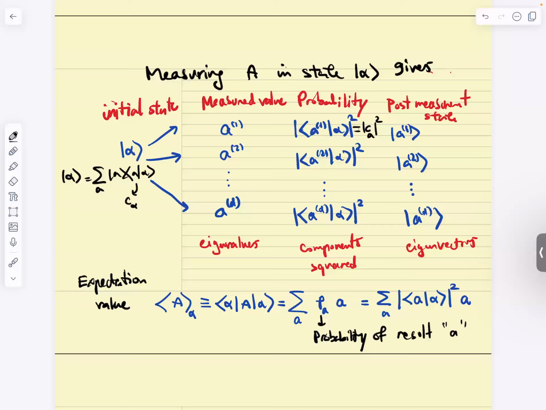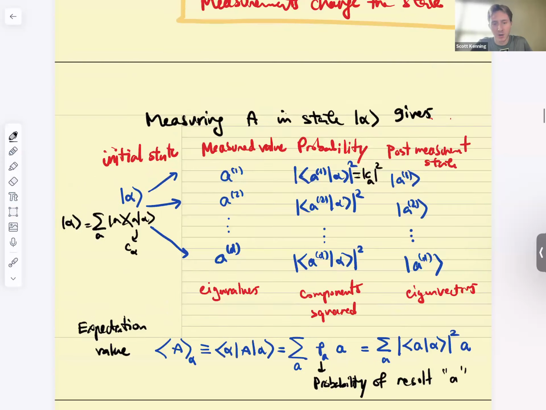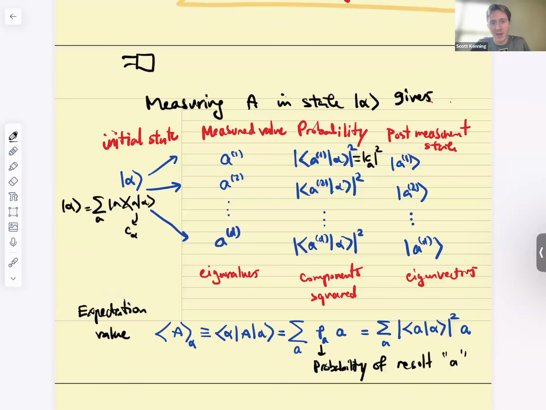In the Stern-Gerlach experiment, the spin values were positive h bar over 2 and negative h bar over 2, so this would work out to be 0. Oh, the expected value? Yes. If the initial state is such that +1 has probability half and -1 has probability half, yes, that comes out as 0.